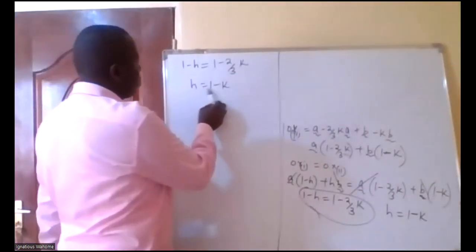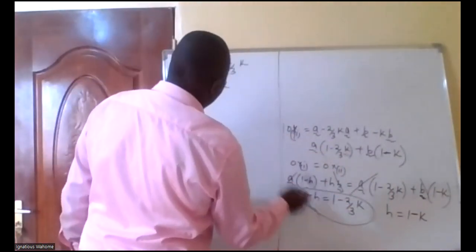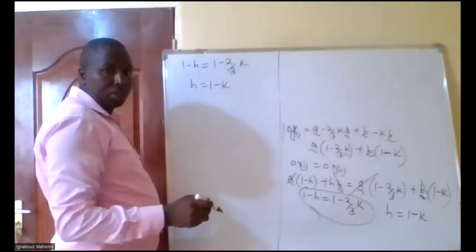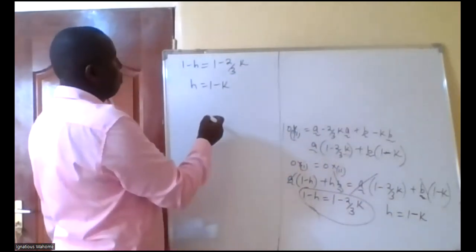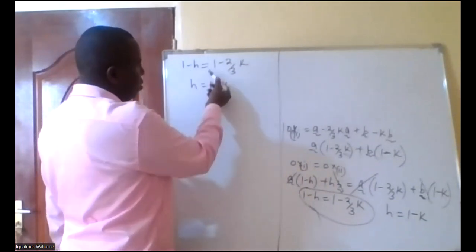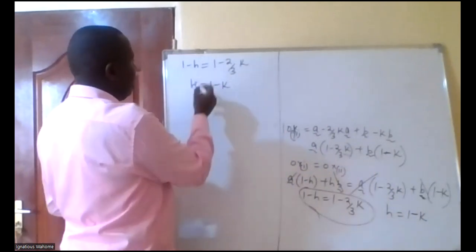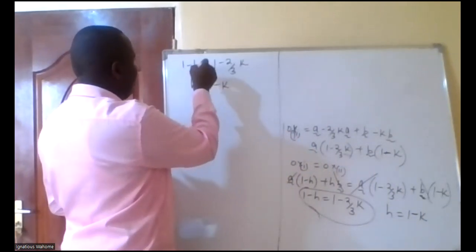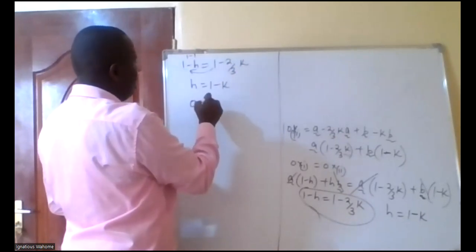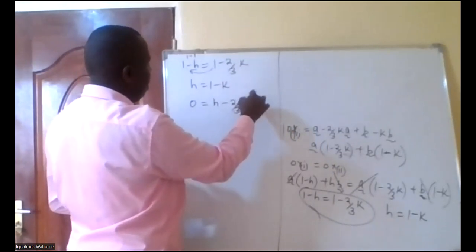Now H is equal to 1 minus K, and we have 1 minus H equals 1 minus 2 over 3K. Bring this on this side: subtract 1 minus 1, you get 0, equals H minus 2 over 3K.